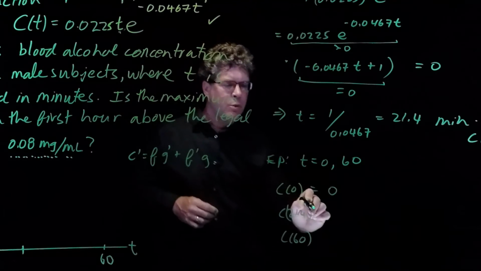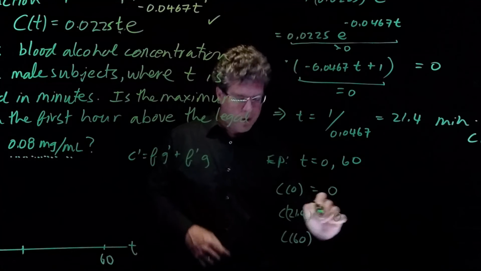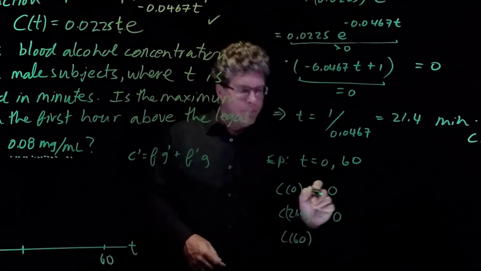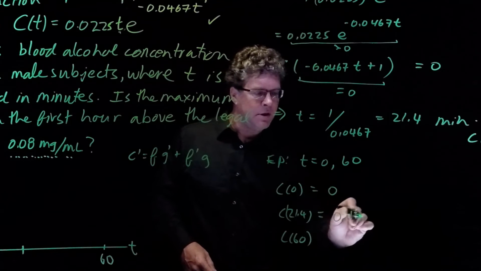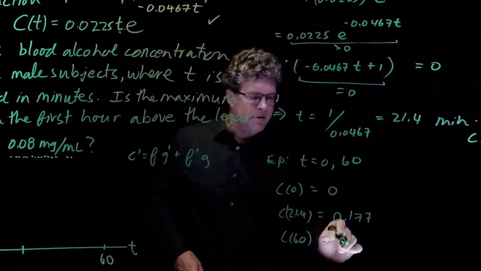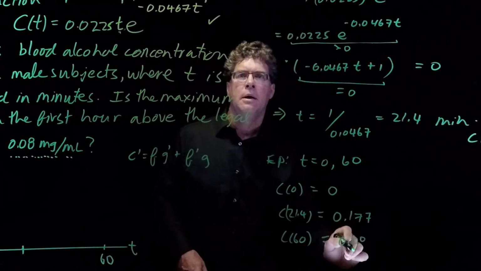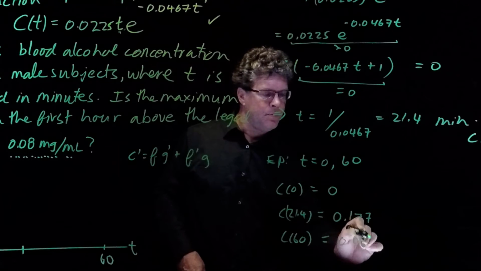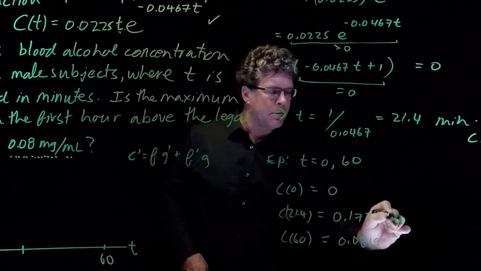When we plug in 21.4, it turns out that we get a value of 0.177. And at 60, we get a value of 0.0819. And again, this is milligrams per milliliter.